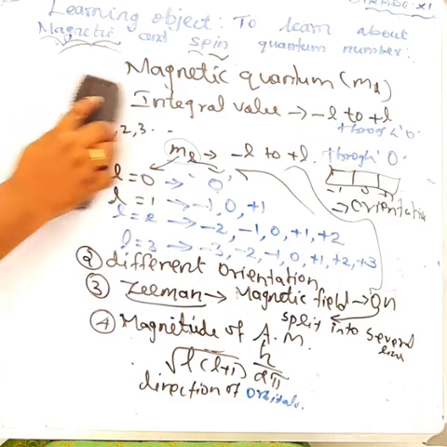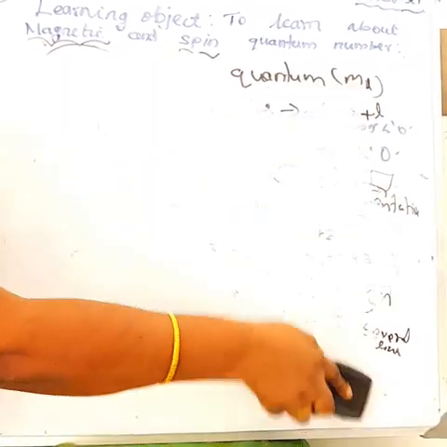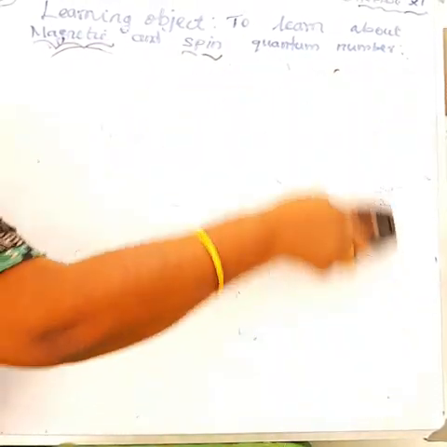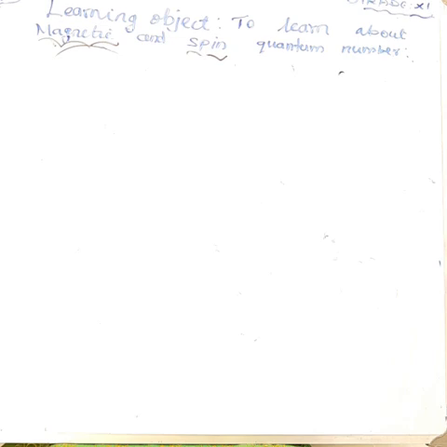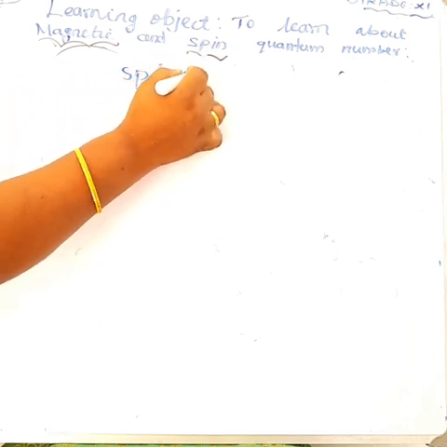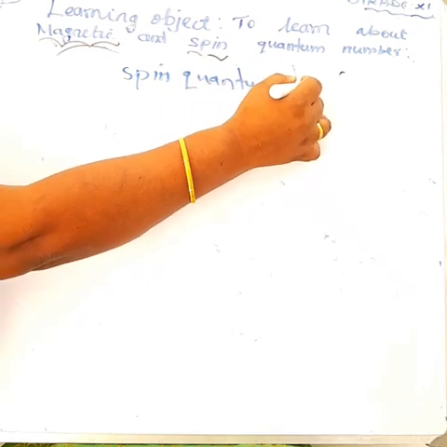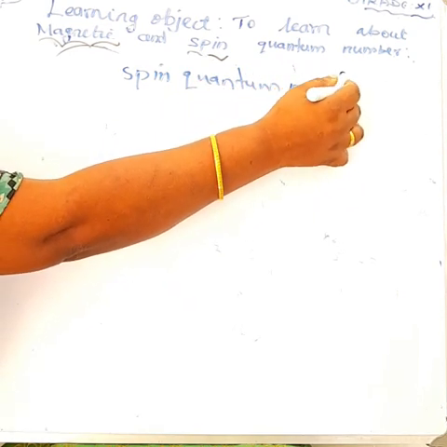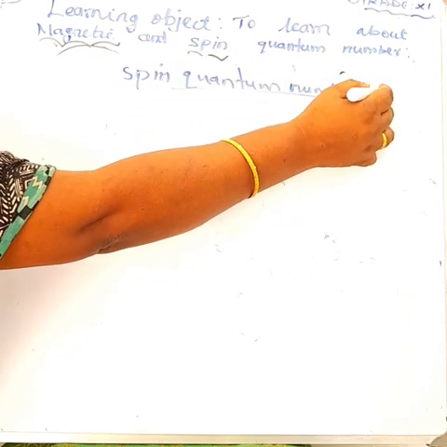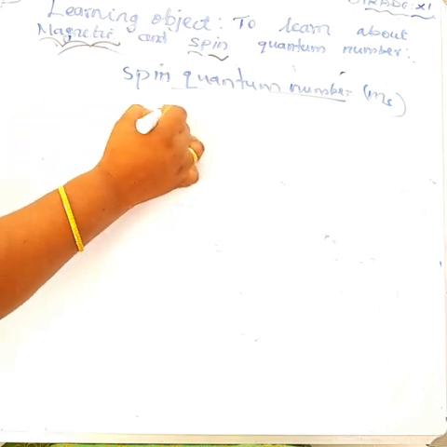And then, secondly, we are going to study about the spin quantum number. The magnetic quantum number represents the orientation of orbital in space.